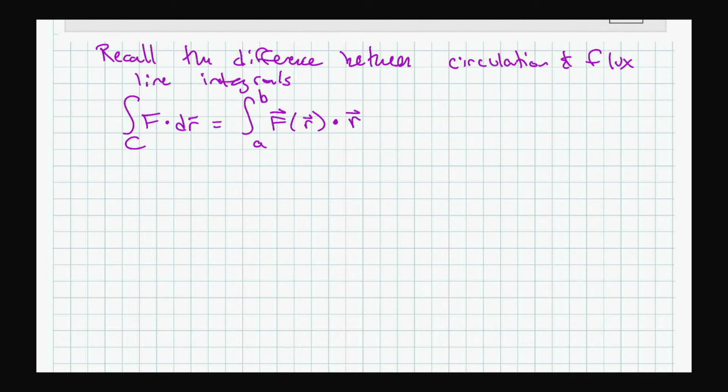I'm going to write it this way: r prime, and then your dt, right? And we didn't write it this way, but your r prime, if you write it as a vector, was x prime comma y prime, right? Like that.